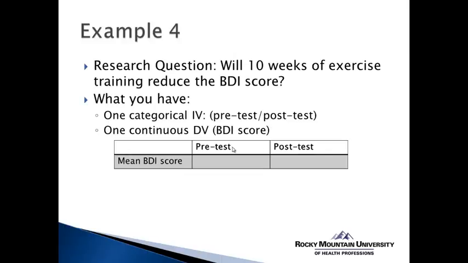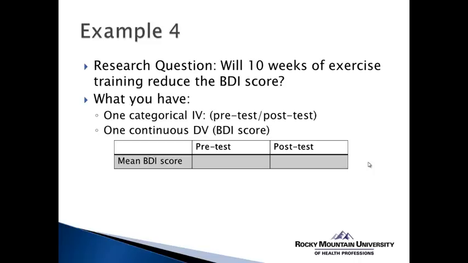So now we'd set that up pretty much the same way we did the previous example, with our independent variable going in the columns, pre-test and post-test, or measurement point number 1 and measurement point number 2, and then our outcome, the BDI score, goes in the row. Now in this case we have two groups or two sets of scores, pre-test and post-test, being measured for one numeric outcome, and this is a dependent group.